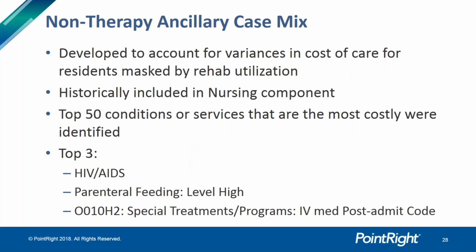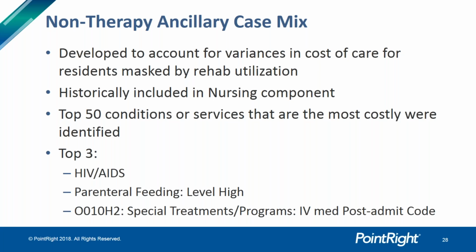When we look at the non-therapy ancillary case mix, again, as I mentioned earlier, there's this idea that two folks that have the same RUG category don't necessarily cost the same when you're taking care of a resident, right? There are costs that are hidden by the fact that they're in a rehab category, and so CMS wanted to account for that.